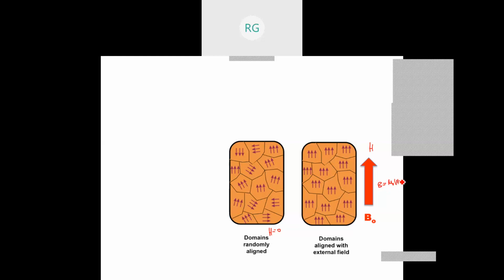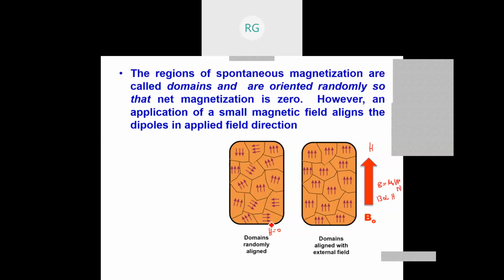If I write H plus M, you can show that B is proportional to H, or the more the H, the more the magnetization. Hence, we'll say that the domains may be randomly arranged when there is no field, and they get arranged in the same direction. This is what actually happens.